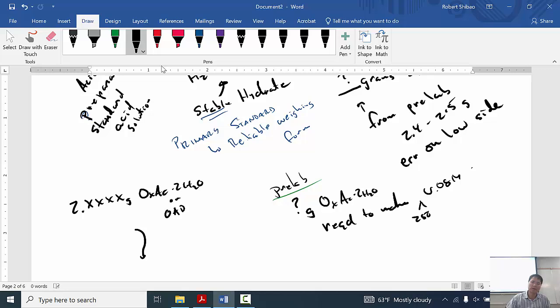Let me add that in here. 250 milliliters of 0.08 molar OXAX standard solution.